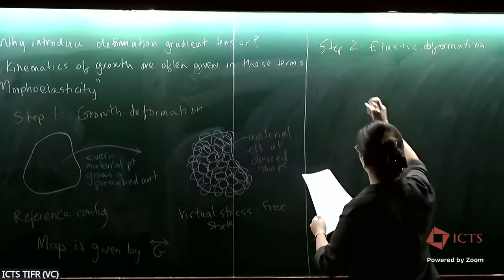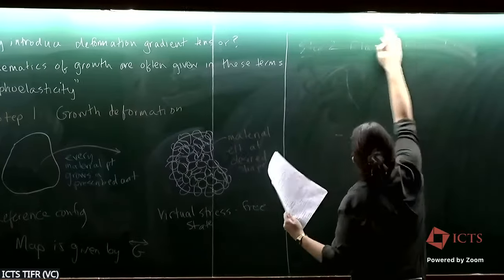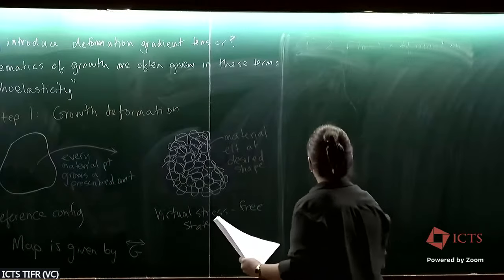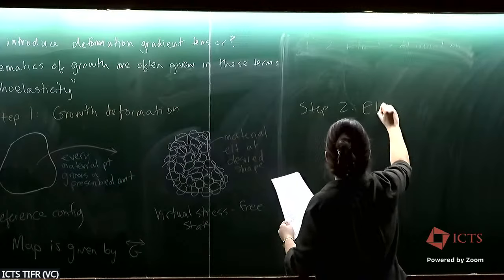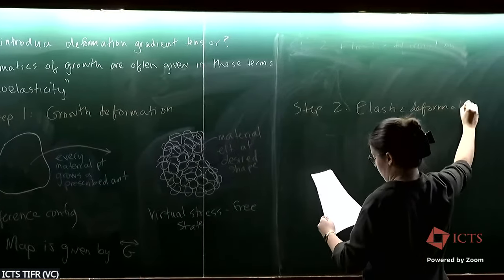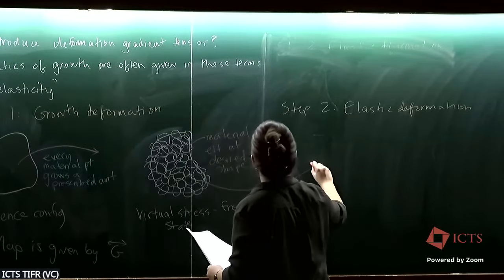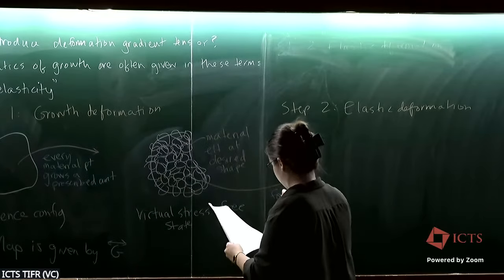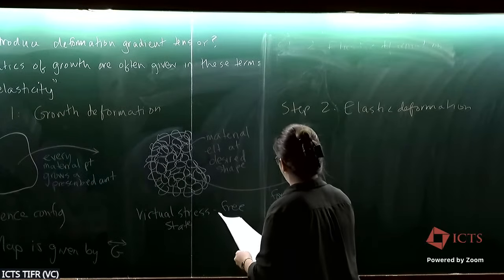So elastic deformation. So here, actually, let me try and take advantage of having already drawn this. So we'll say step 2, elastic deformation. And we are going to go from here, and we are going to force material to restore compatibility.